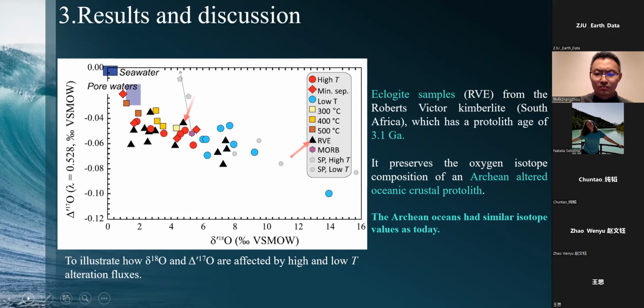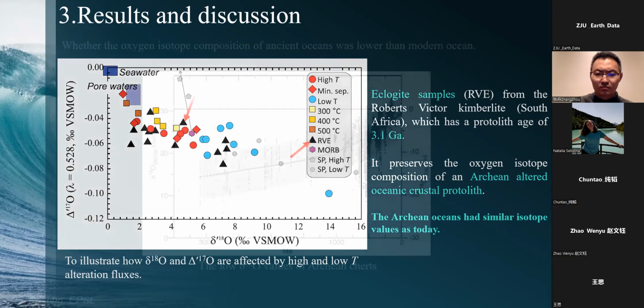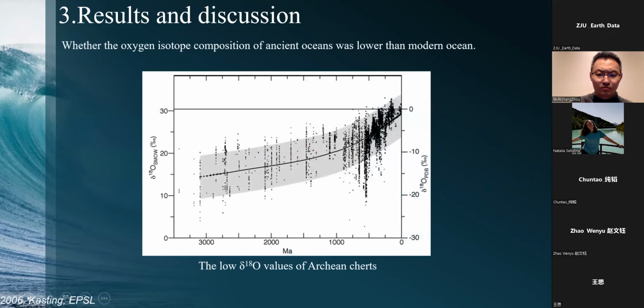So the author proposed that the Archean oceans have similar isotope values as today. And for this question, we have to look at other researchers' work on whether the oxygen isotope composition of the Archean ocean was lower than the modern ocean.